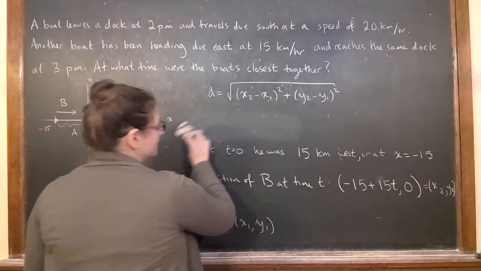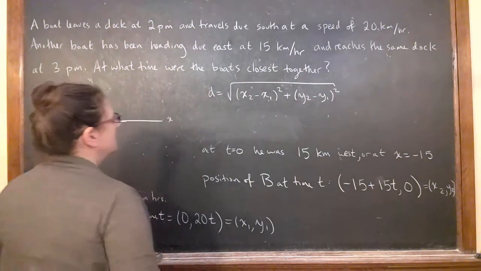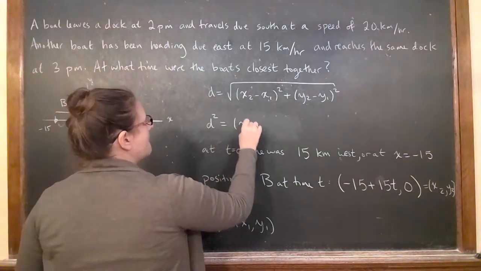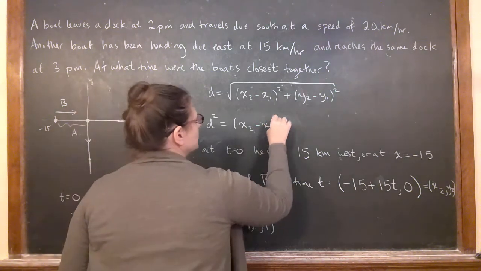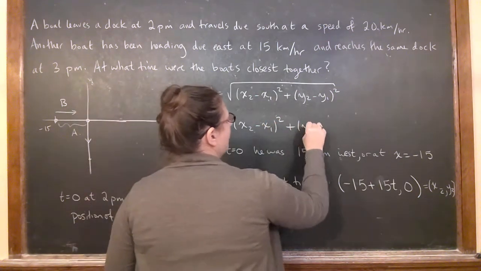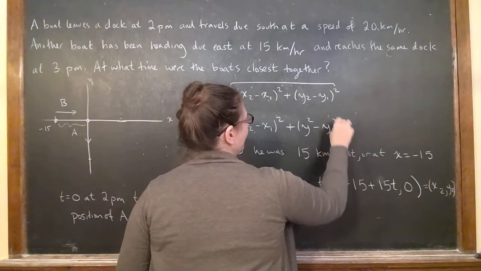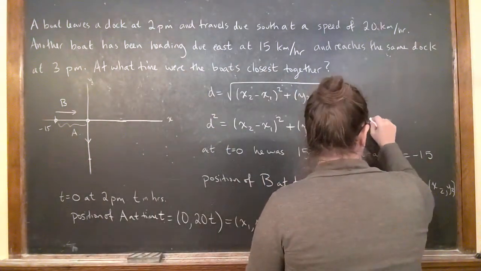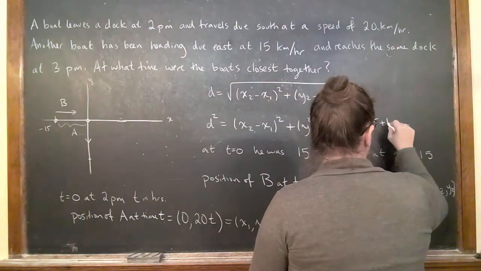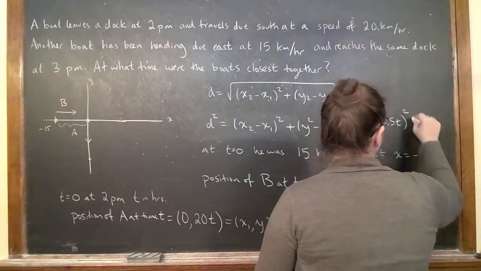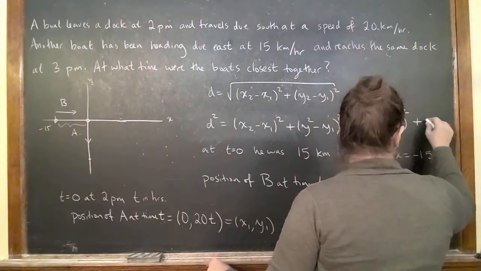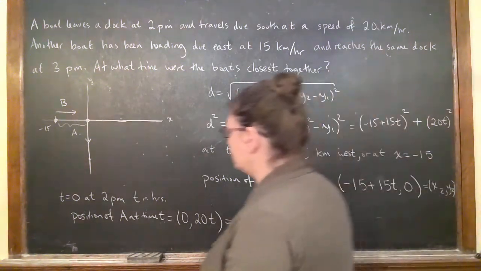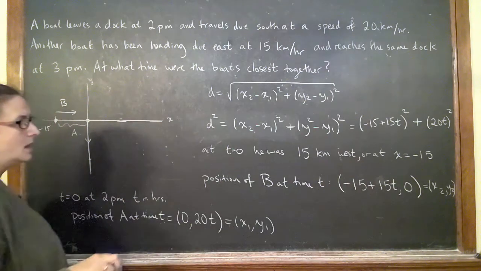That part is really easy. My distance squared is x2 minus x1 squared plus y2 minus y1 squared, so this would be minus 15 plus 15t squared, and this would be 20t squared. I'll work that out in a second.